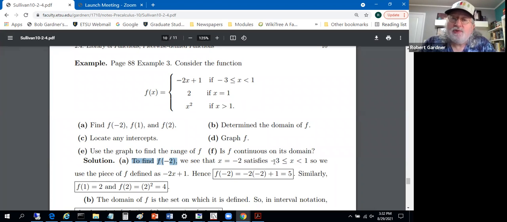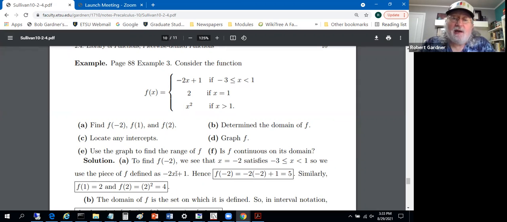It's in that interval, so use the first piece, the piece of f defined as -2x plus 1. Don't use that piece, don't use that piece, not when x is -2. Maybe you use it some other times.